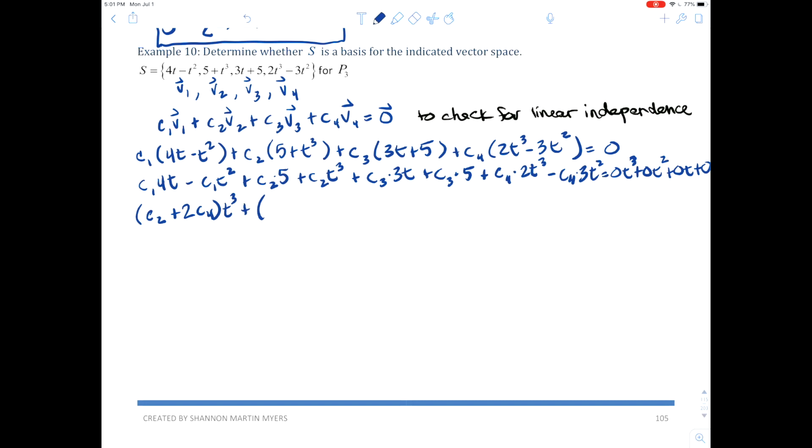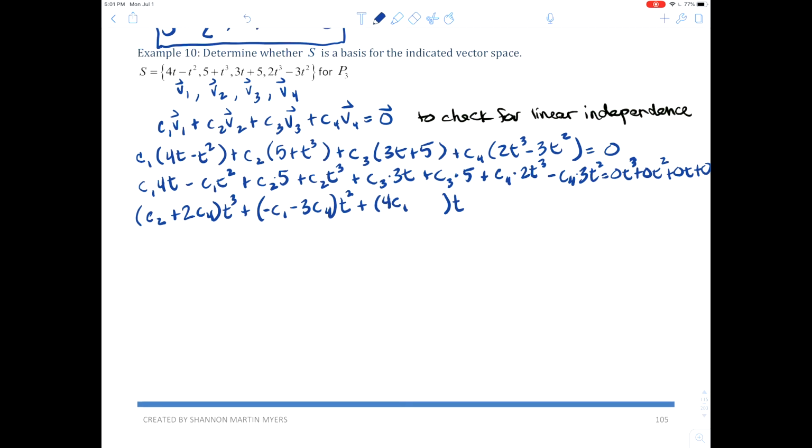And then, now I'm on my t squared. And so we'll have a negative C1, minus 3C4. And then our t to the 1 will be 4 C1s plus 3 C3s.